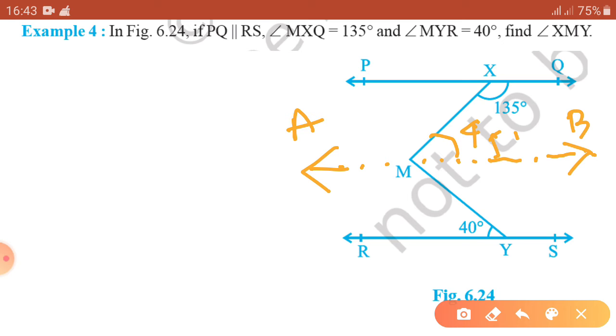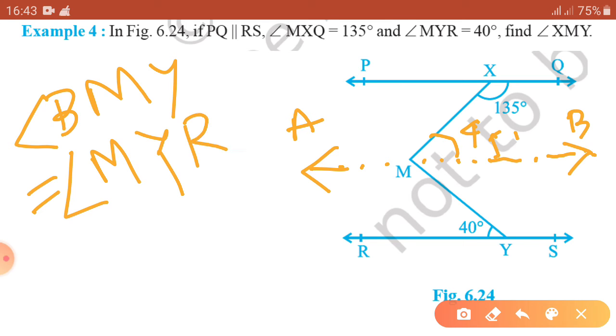Now angle BMY and angle MYR, as AB is parallel to RS, these are alternate angles. So therefore you can say that angle BMY is equal to 40 degrees, this angle is 40 degrees.